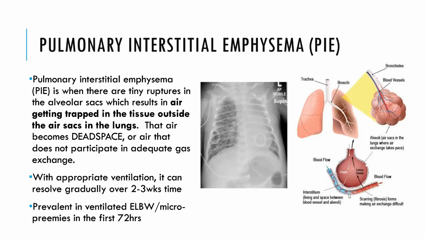As much as we try, it's very difficult to prevent because of the fragility of their lungs and premature alveoli. With appropriate ventilation, it can actually resolve. Those tiny holes in the air sacs can close, and it can resolve over a few weeks' time, and we'll talk about that in just a second. This is also an X-ray of what PIE looks like. It looks like crushed up ground glass.